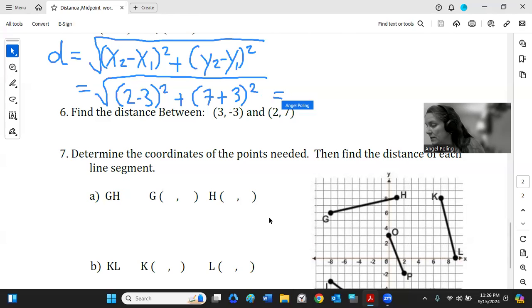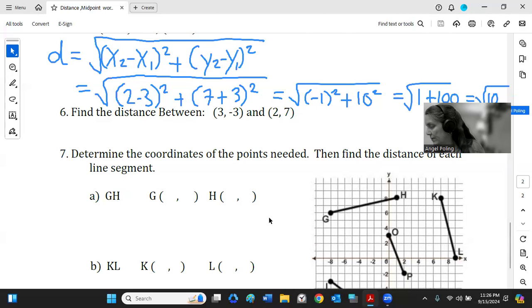This gives me negative 1 squared plus 10 squared, which is 1 plus 100 rooted, which is the square root of 101. And we just leave it that way. That's the exact distance, right?